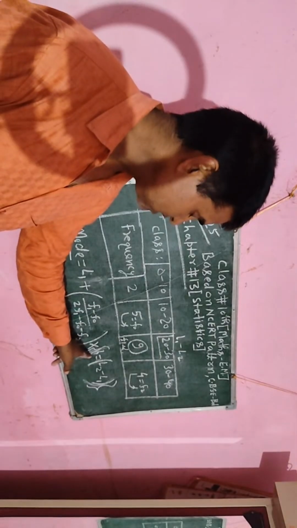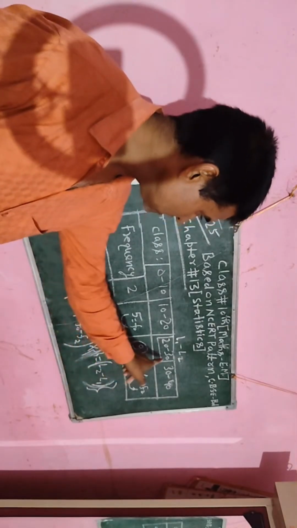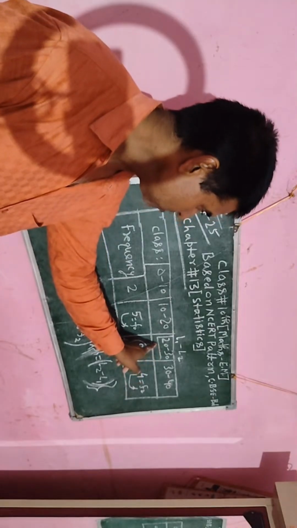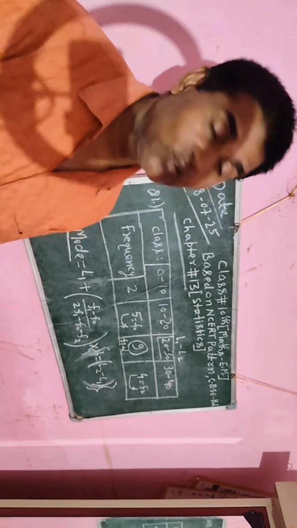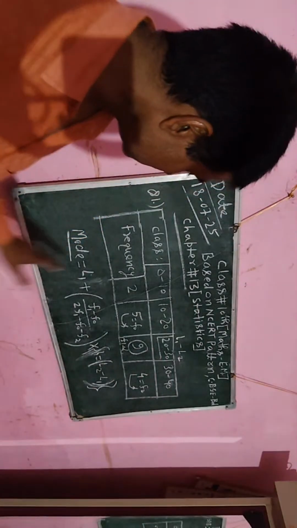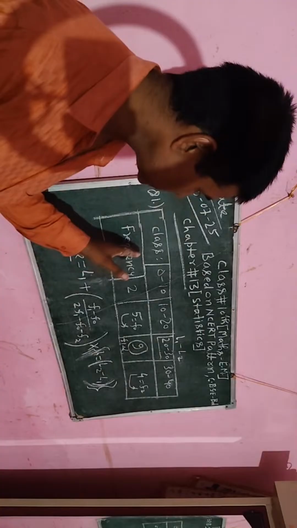The value of h is L2 minus L1, because the L2 value is 30 and the L1 value is 20, so I will take their difference and get the value 10. Okay student, so I will use this formula for solving this question.